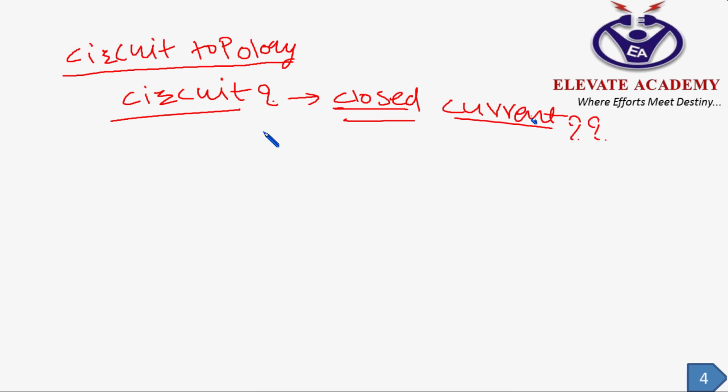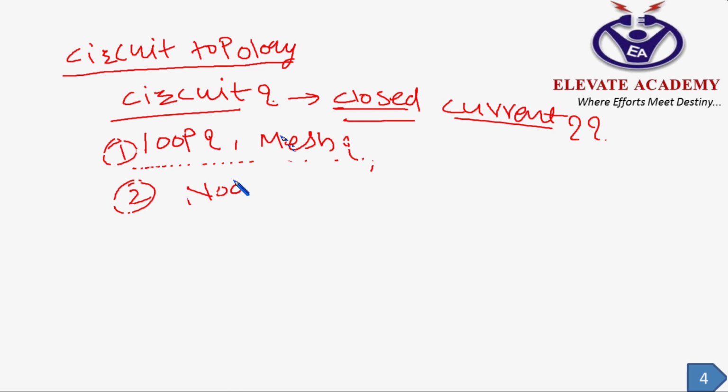Then while studying this circuit topology, छोटे छोटे याच्यामध्ये पार्ट्स आहेत, त्यामध्ये पहिल्यांदा तुम्हाला माहिती पाहिजे व्हॉट इज मीन बाय लूप, व्हॉट इज मीन बाय मेश, लूप आणि मेश मधला फरक काय हे तुम्हाला माहिती पाहिजे. Then second part is what is meant by node, how to identify the node in the particular circuit, what is the definition of node.